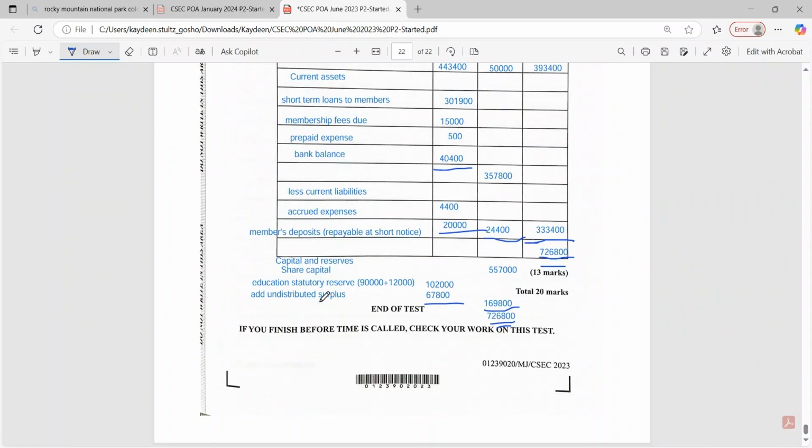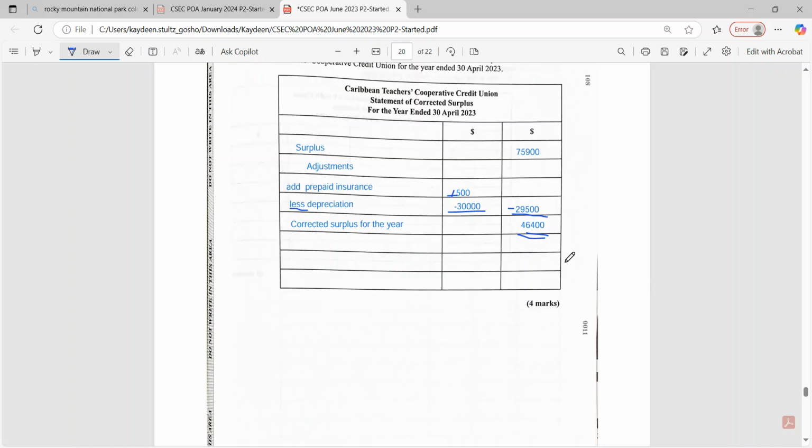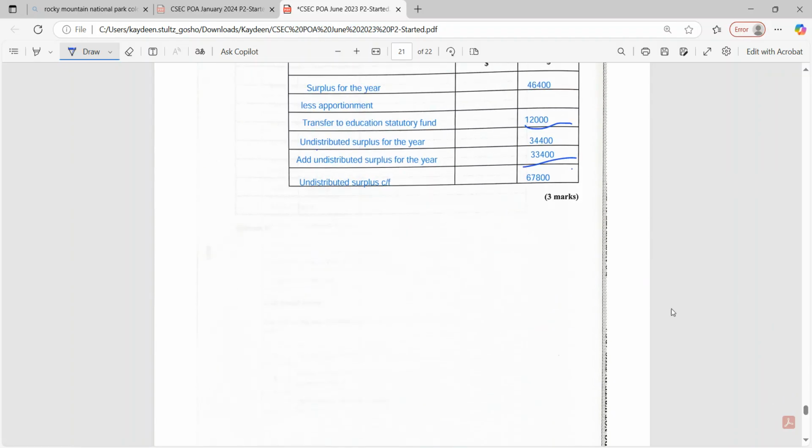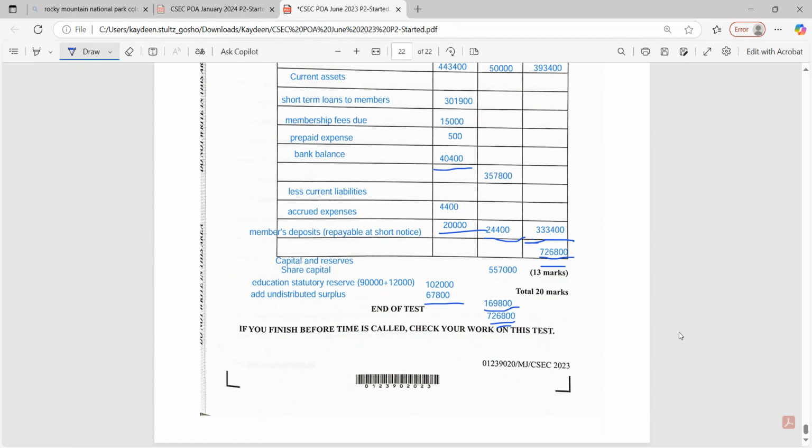We're going to add undistributed surplus, which we worked out in the appropriation form, 67,800. So we're going to add that figure to our education statutory reserve, and we get 169,800.